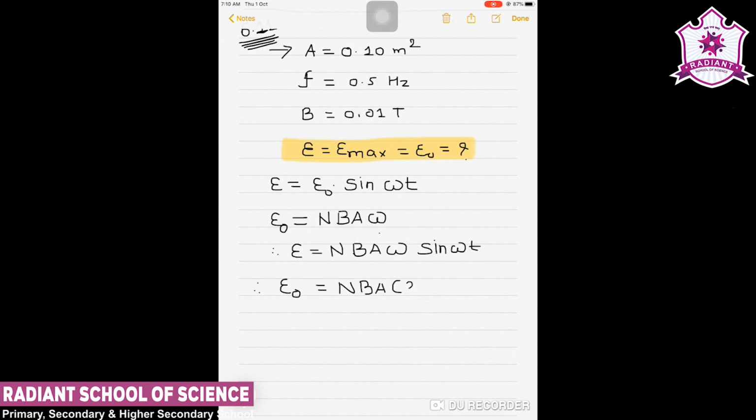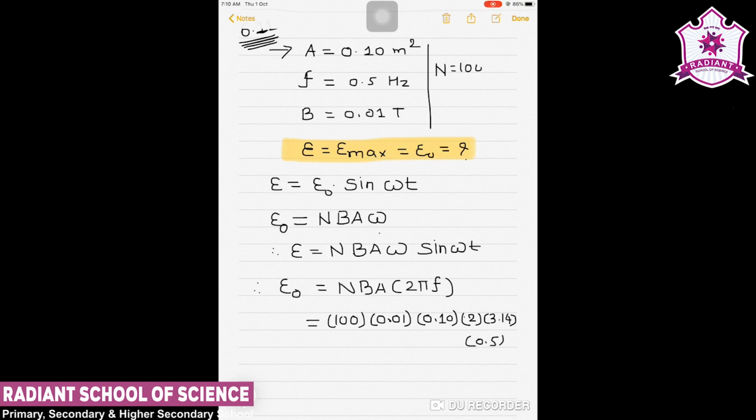NBA 2 pi f. So we are asked to find the values. Here N is the given number of turns, and 100 turns are given, so N is 100. Then the magnetic field is given as 0.01 Tesla, the area is given as 0.10, then 2 pi is 3.14, and f is also given, 0.5.